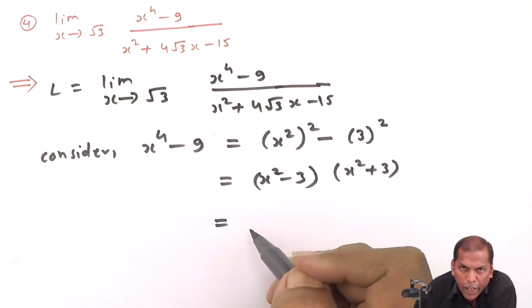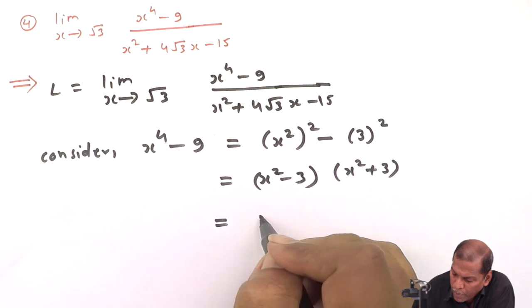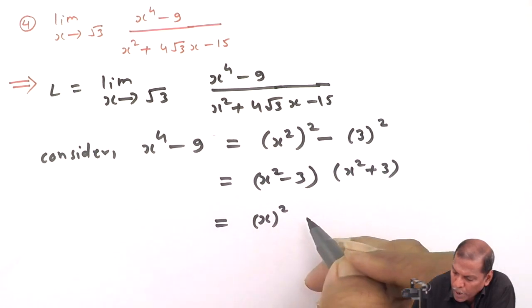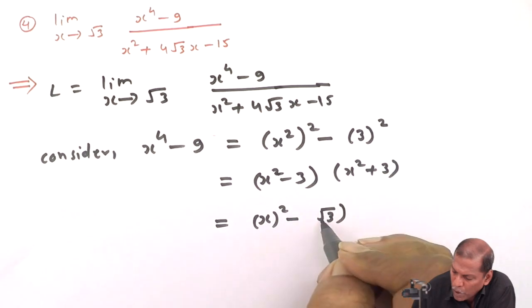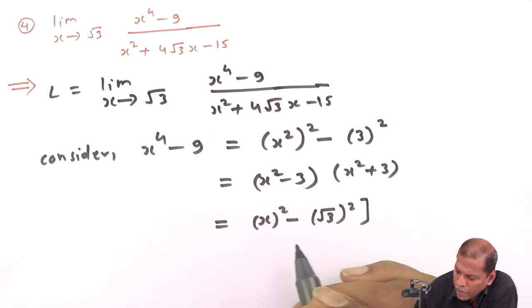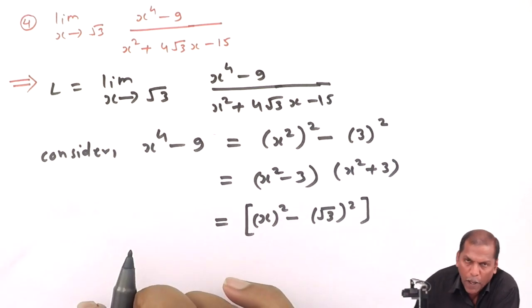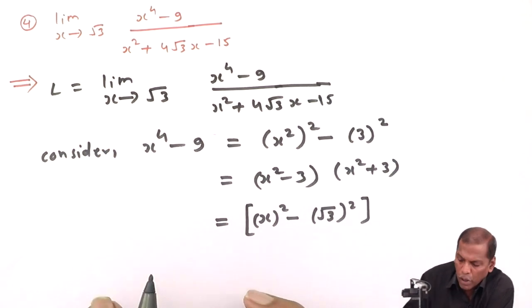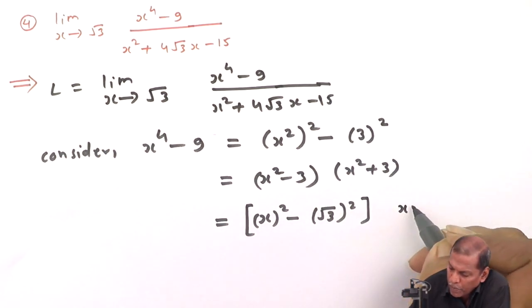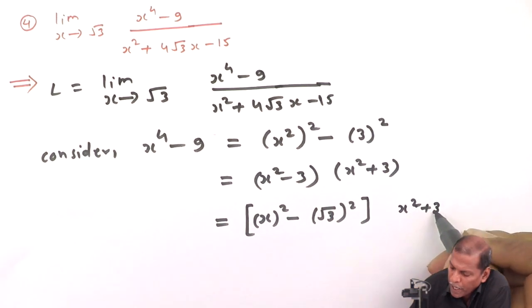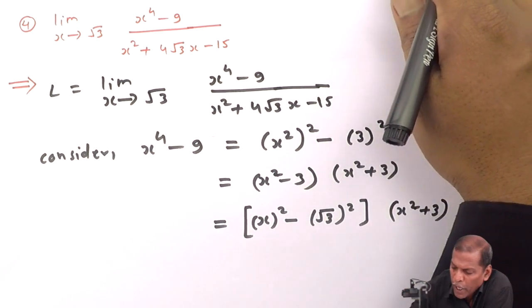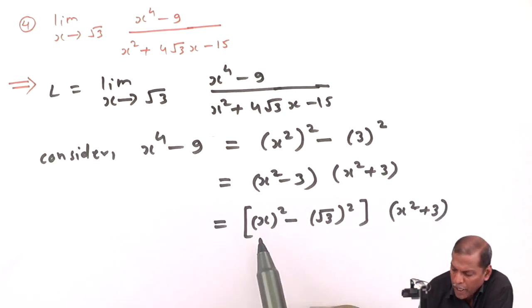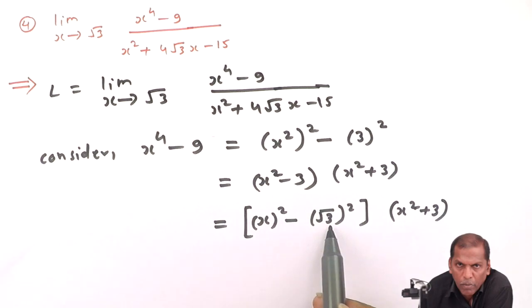Again the term x square minus 3 can be written as (x) the whole square minus (root 3) the whole square, that is in the first bracket, and we write x square plus 3 in the second bracket as it is. Now again we apply the same formula, a square minus b square gives (a minus b)(a plus b).